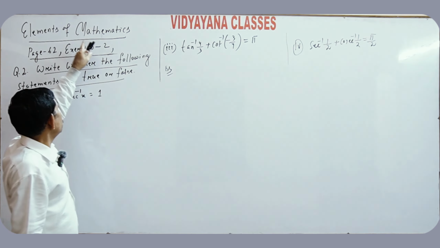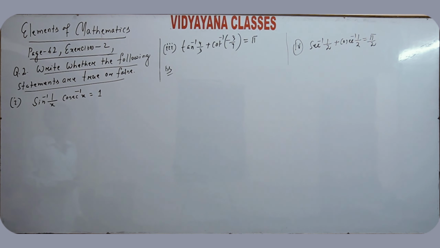Next, elements of mathematics, page number 62, exercise 2, question number 2. Write whether the following statements are true or false. Answer. Sin inverse 1 by x is equal to cosec inverse x if mod of x is greater than or equal to 1.